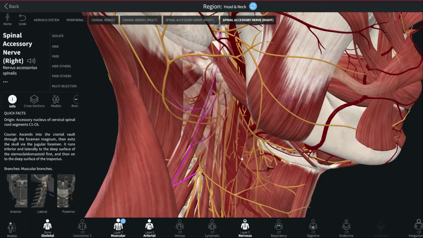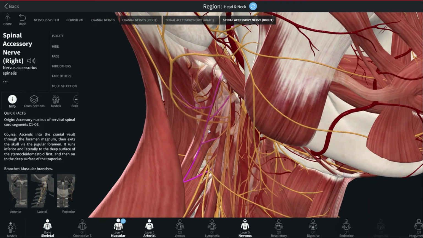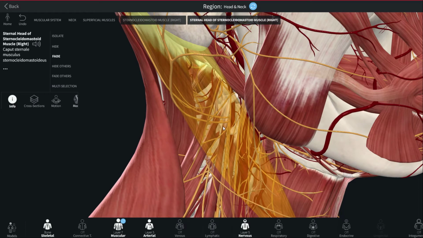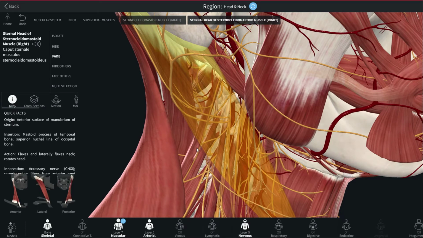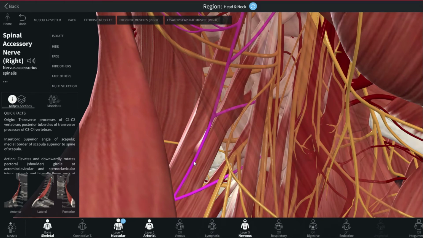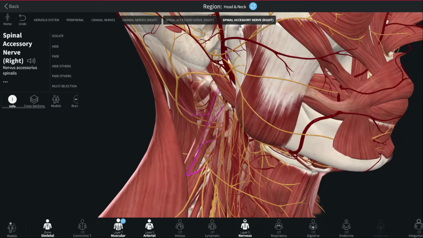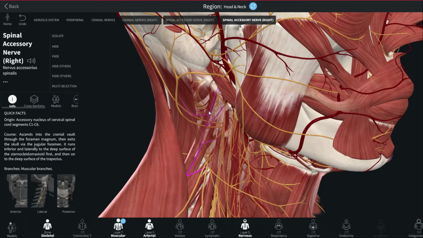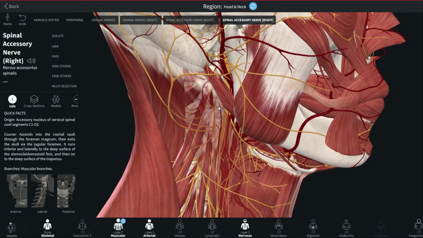The sternocleidomastoid is this over here. So it is coming through the sternocleidomastoid. It will actually pierce the anterior border of sternocleidomastoid.